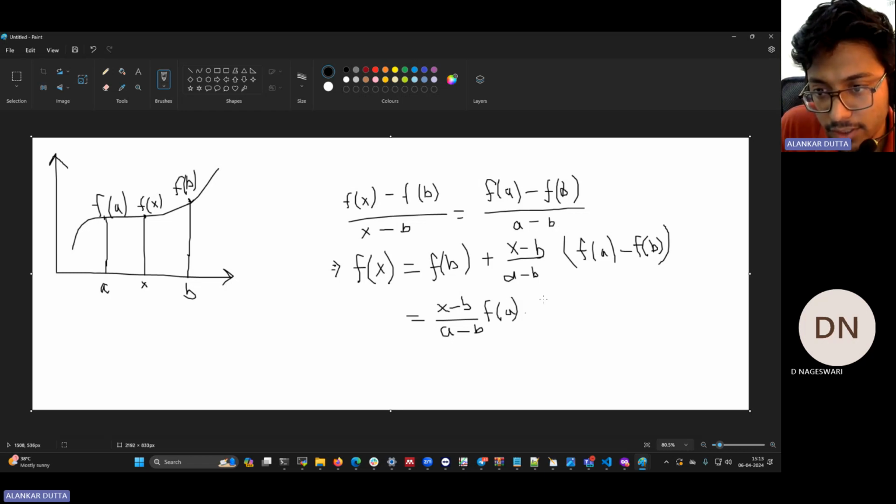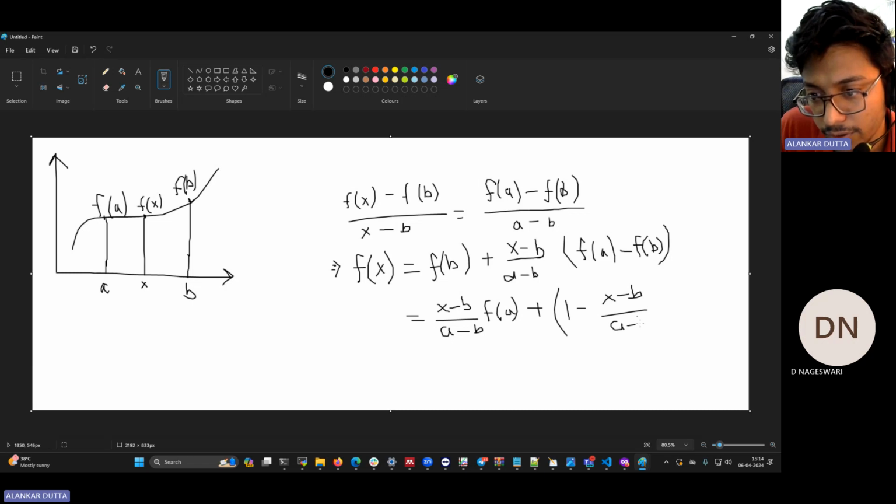And along with that, you'll have the rest of it, which is collected in f(b). Because of this it is 1, and because of the other one it's minus (x minus b) over (a minus b), right? And after that, the one that's remaining is f(b).